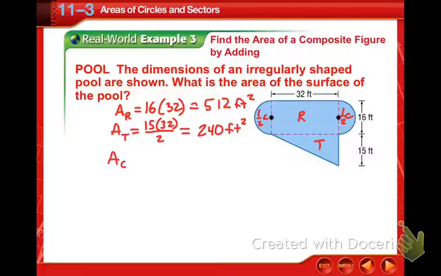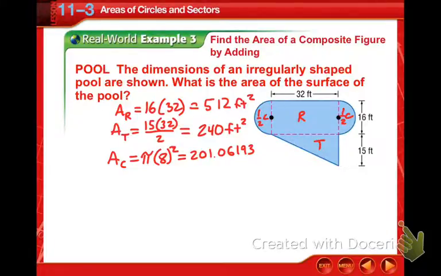And then the area of the circle is the one that's going to give us some decimals. Our radius for the circle is half of the 16 height or length of the rectangle. So it's going to be 8. So 8 squared is 64. 64 times pi gets you 201.06193.